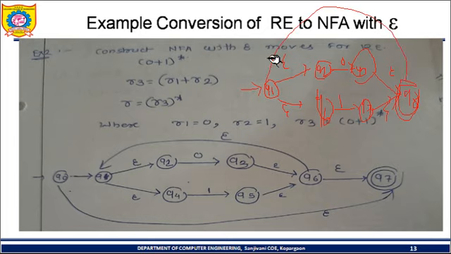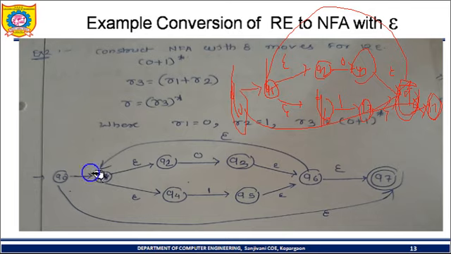So I am going to repeat this part. It will be Q0, the initial state, and let us say the Q final state or Q7, whatever it may be. There is a path from the initial state to the final state, and this one will be the intermediate state. The same we have shown here.